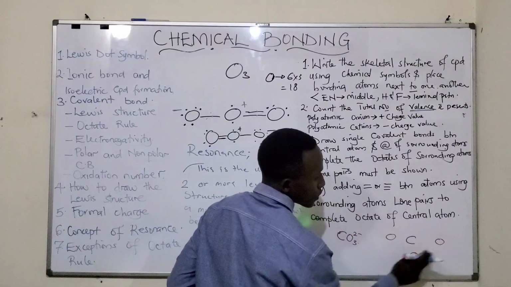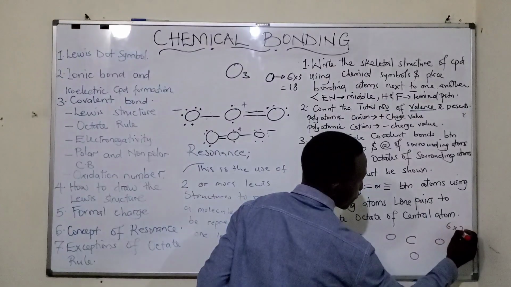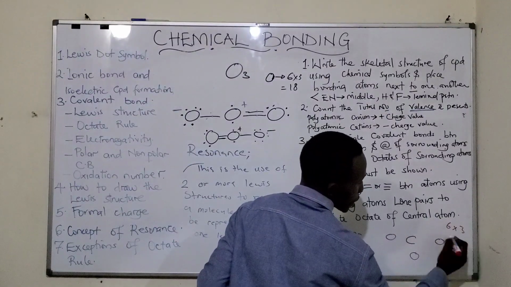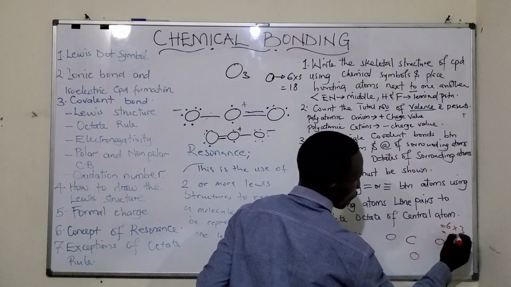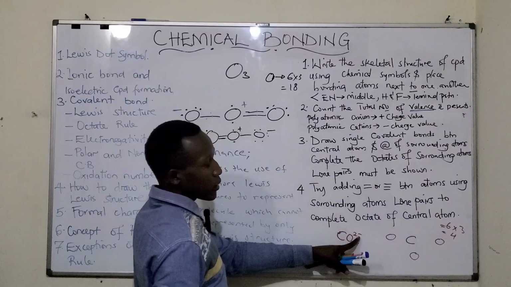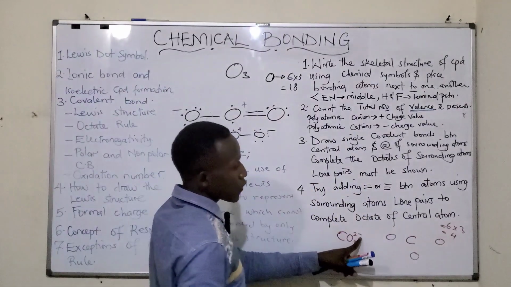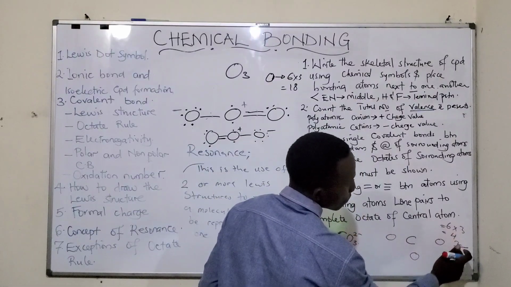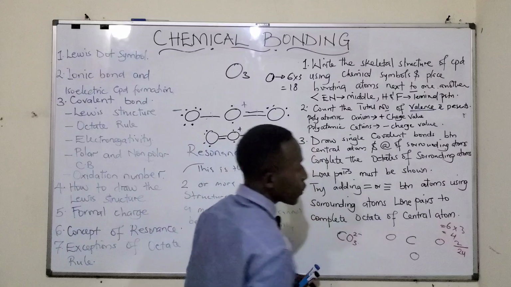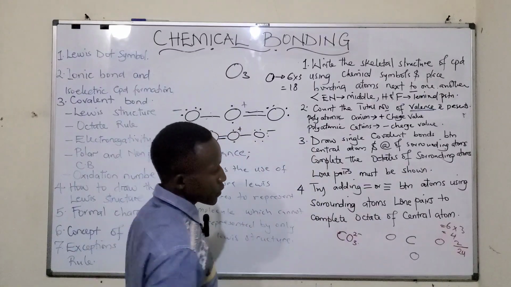We have 6 times 3, which is 18. Then we add for carbon, which is 4. Then we add the charge value, which is 2. Meaning that we have 18 plus 4 plus 2, which is 24 electrons.